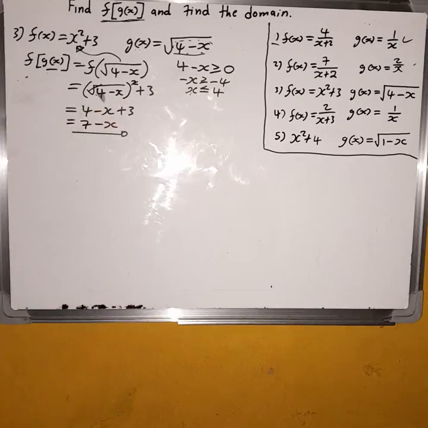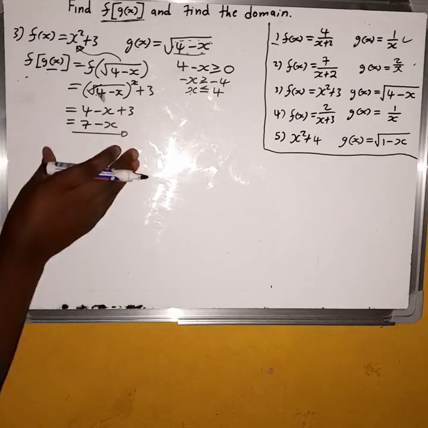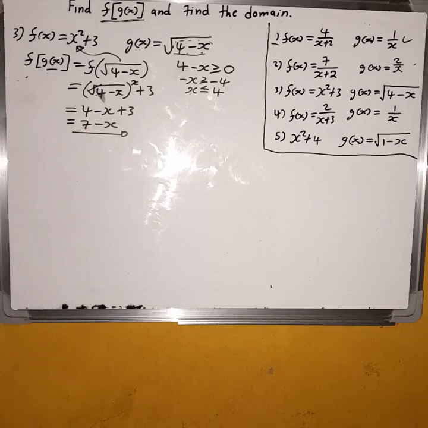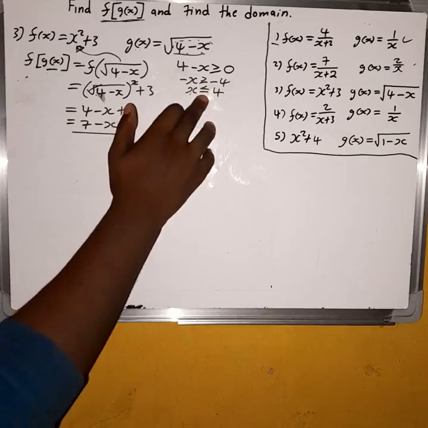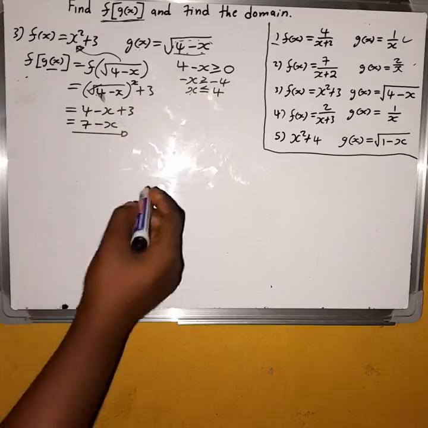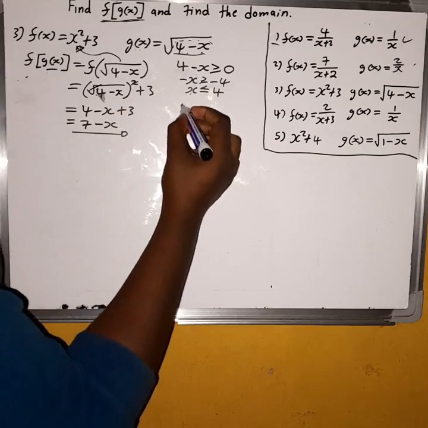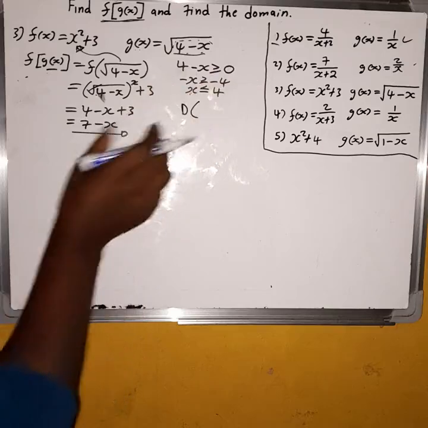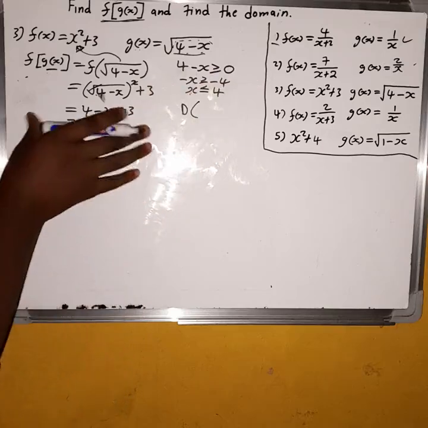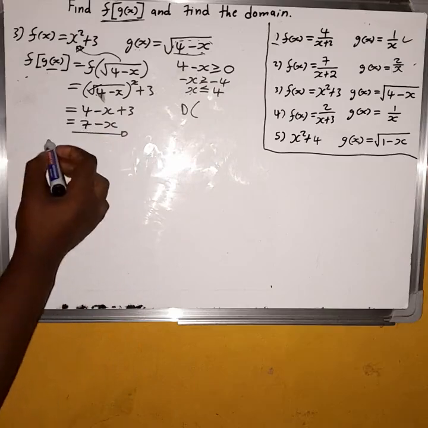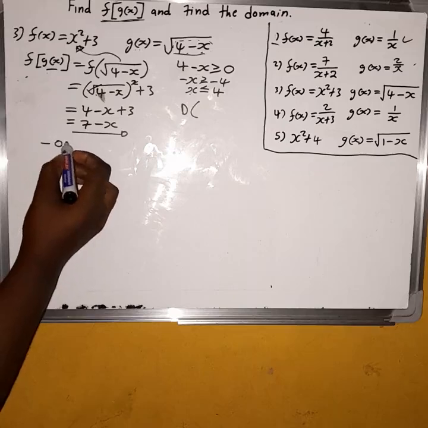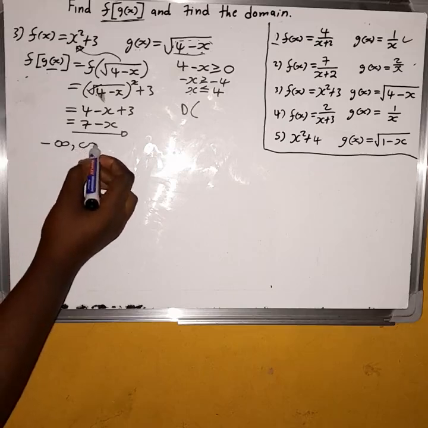But f is a polynomial, there is no restriction. Since there is no restriction, here our domain will consider this, because a polynomial is always from negative infinity up to positive infinity.